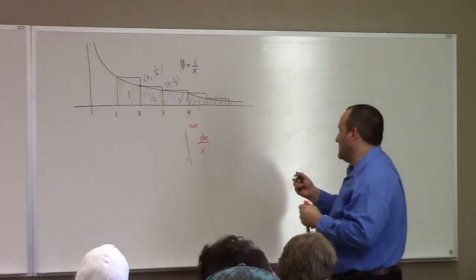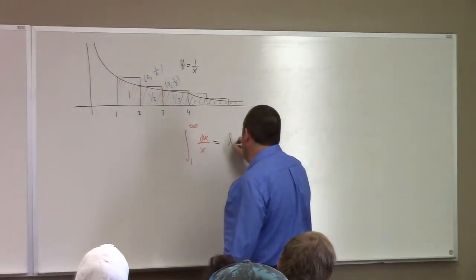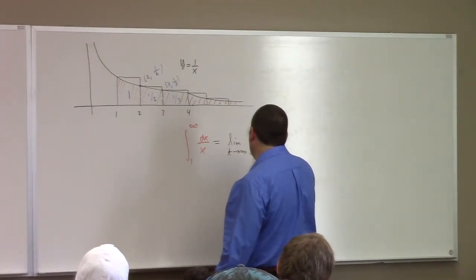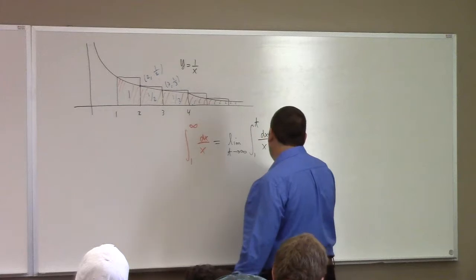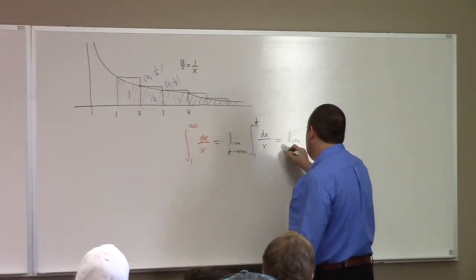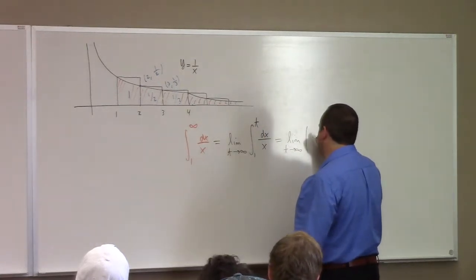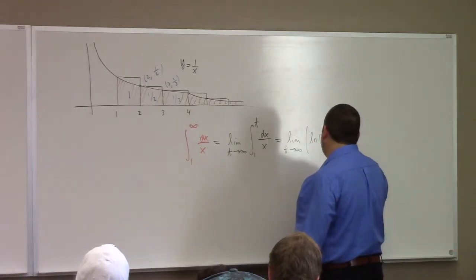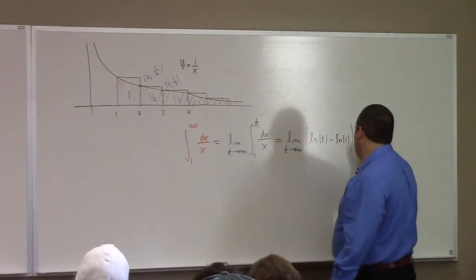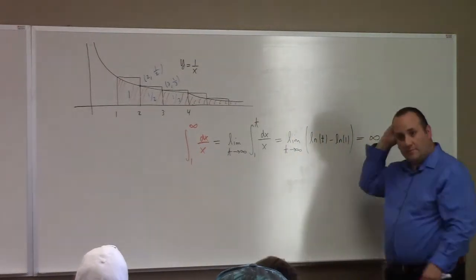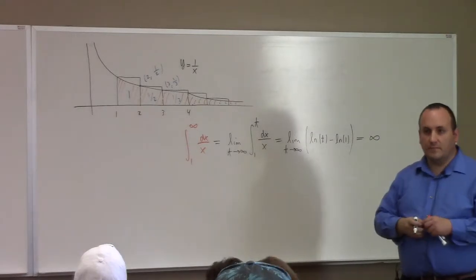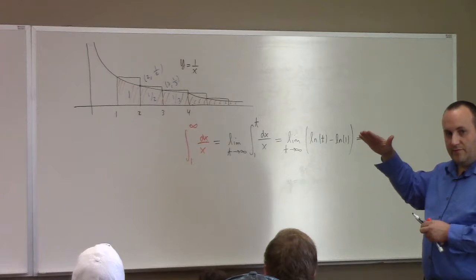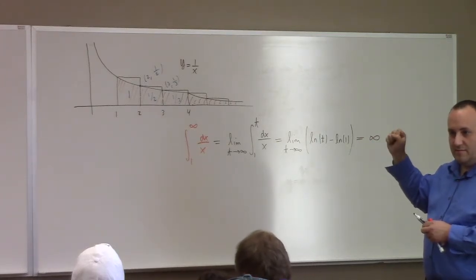Yes. So this is the limit as t goes to infinity of the integral from 1 to t, right? We did this. And so we get the limit as t goes to infinity of the natural log of t minus the natural log of 1, which of course is infinity. So what I've shown you is that the area under the curve y equals 1 over x is infinite.